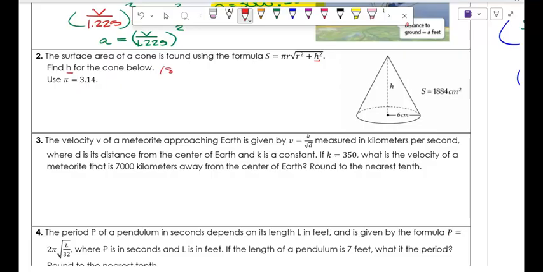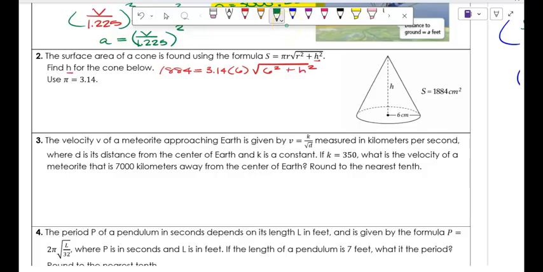So I have 1,884 is equal to pi, but we're putting 3.14, times r, which is 6, times the square root of r squared. So I'm going to do 6 squared plus h squared.